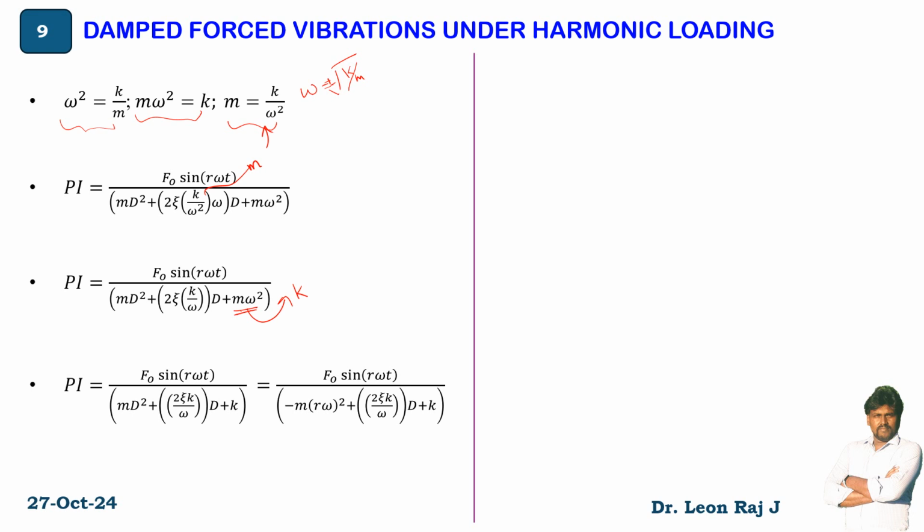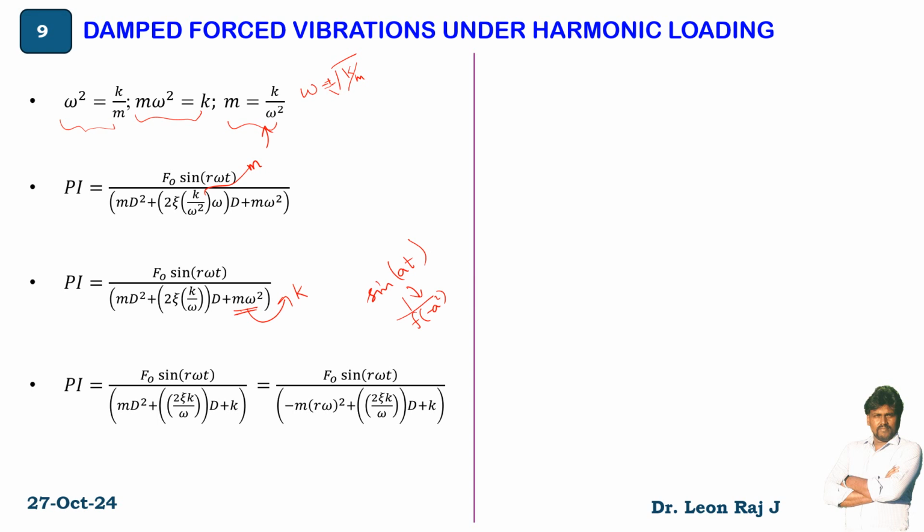Further it is rewritten as follows. If the particular integral is to be found for the forcing function sine r omega t, for sine a t the particular integral is 1 divided by f of minus a square.